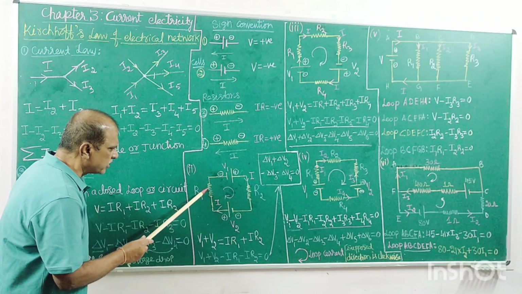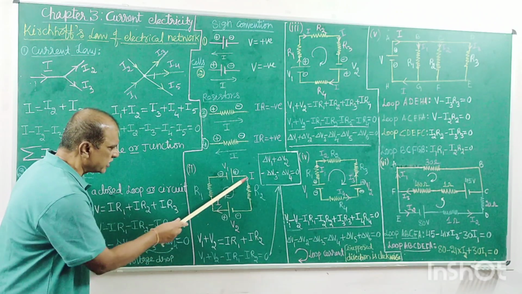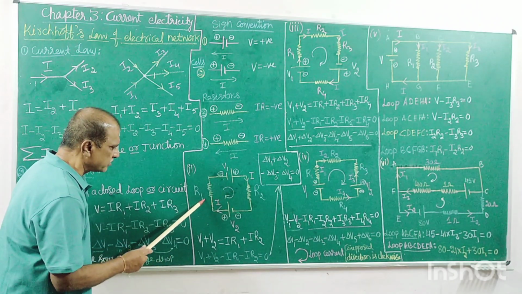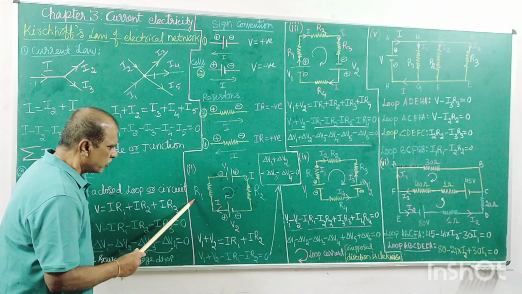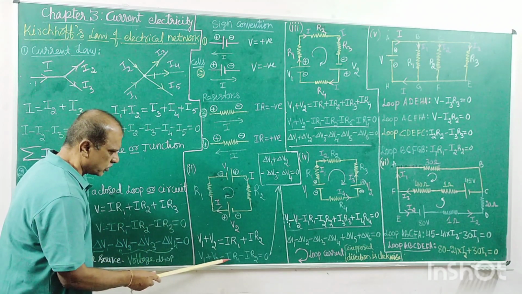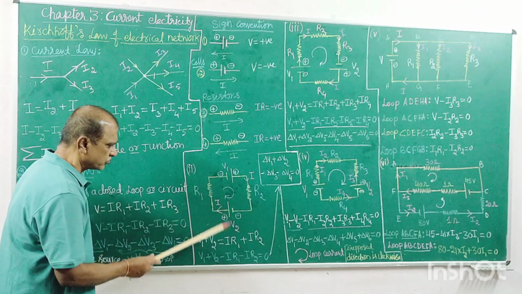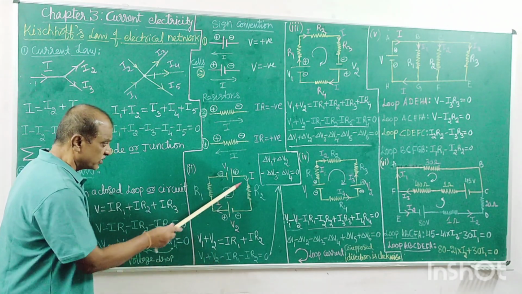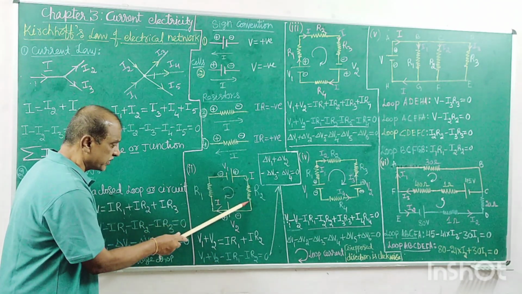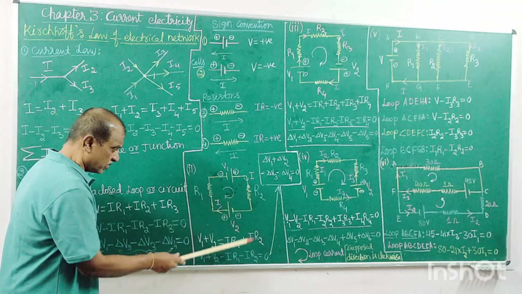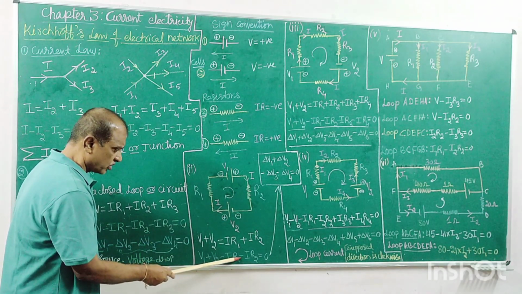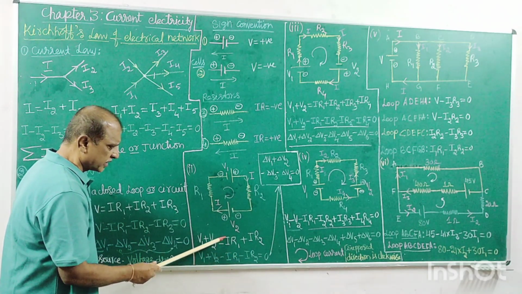And this potential drop: this current is I, the total current is I in this case. IR1 is negative, because it is positive to minus, it takes minus. This also, this is positive, this is minus, it takes minus. So it is previously written like this.